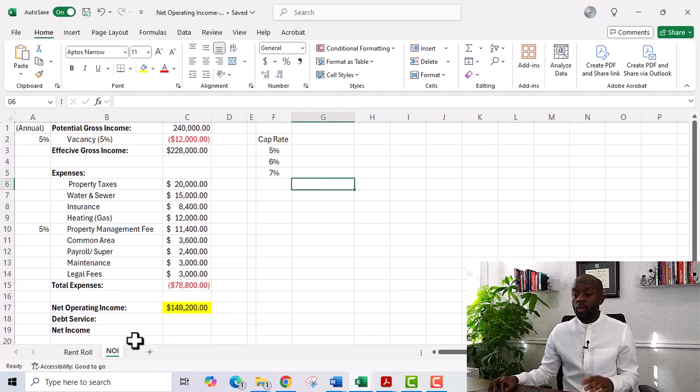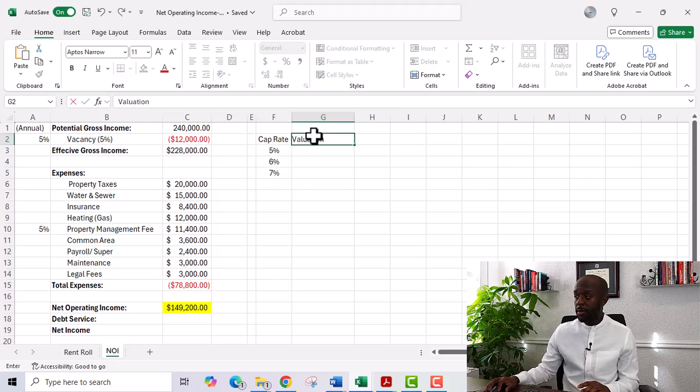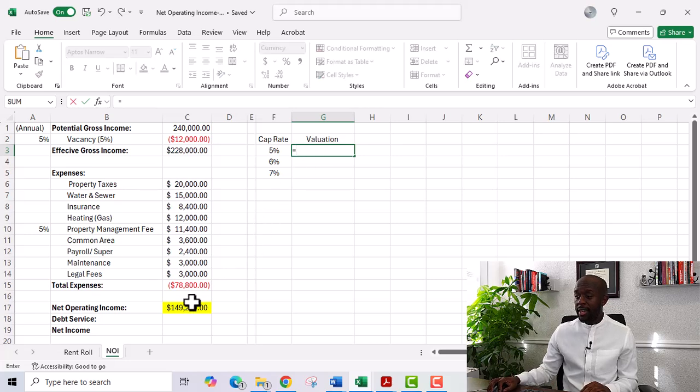So the way we would go ahead and arrive at the valuation for this property, all right, so we now have our net operating income. We want to arrive at the valuation for this property. So what we'll do is we're going to take our net operating income and we're going to divide it by our cap rate.